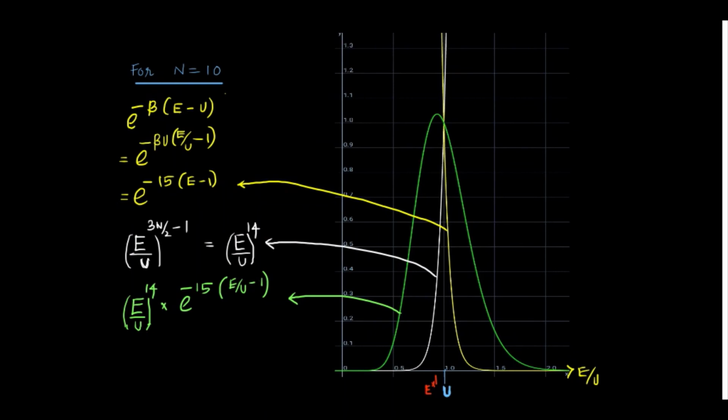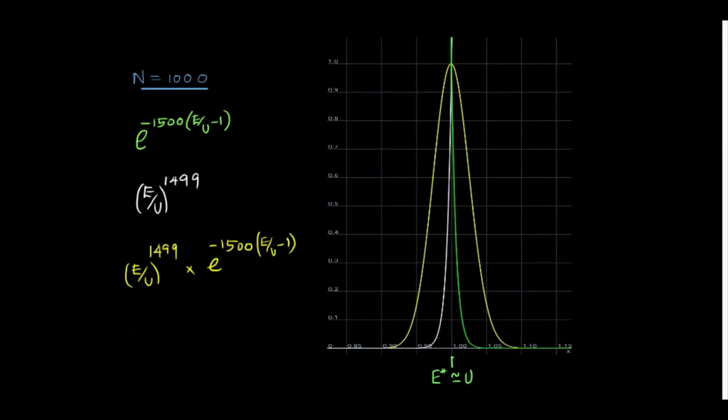The product of these two functions will give you this green curve, and you can clearly see that the maximum of the green curve, that is this E star, that I denoted with the red line, is not equal to the mean value of energy U. There is a small deviation.